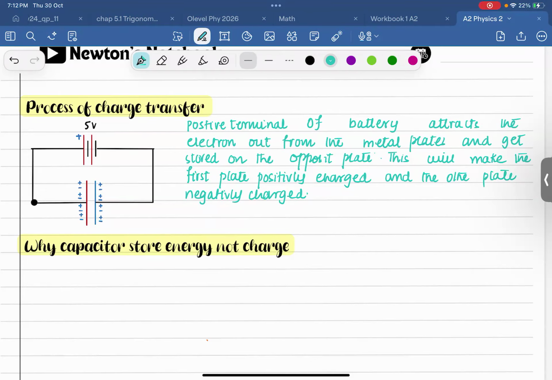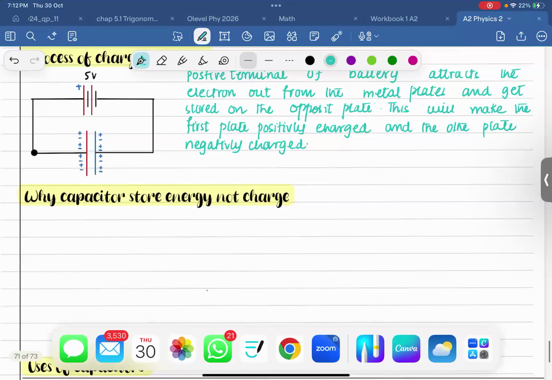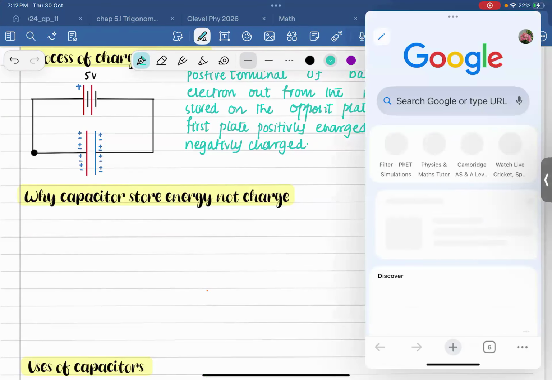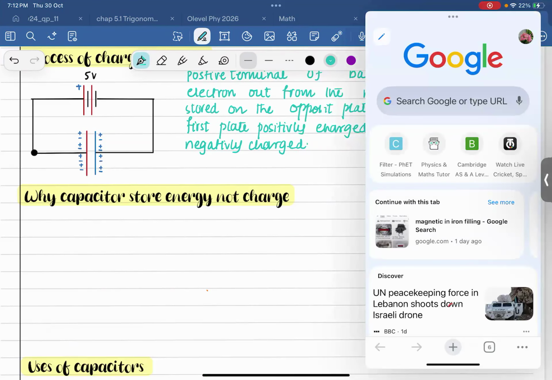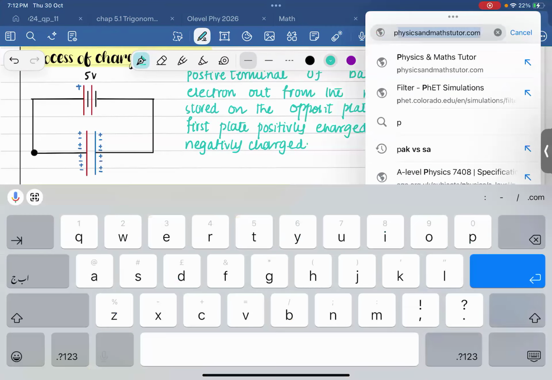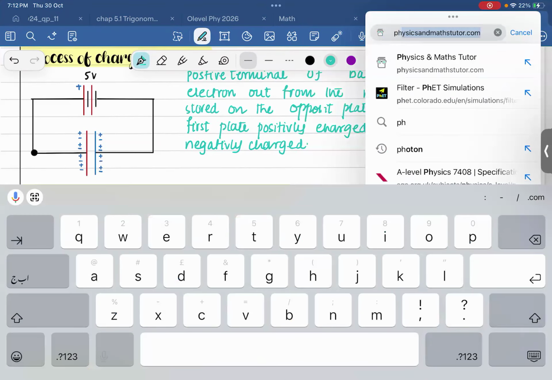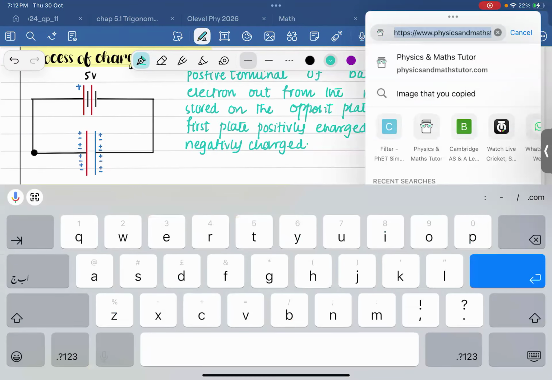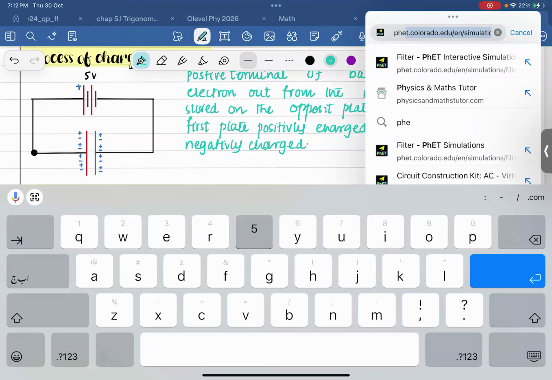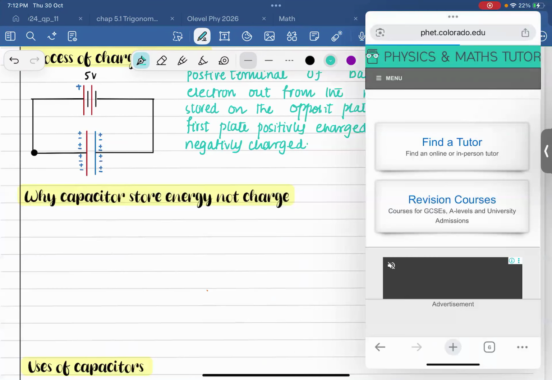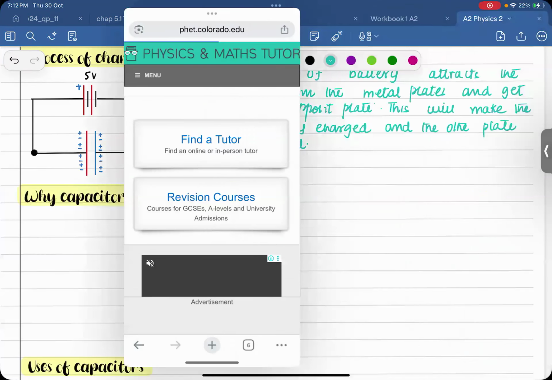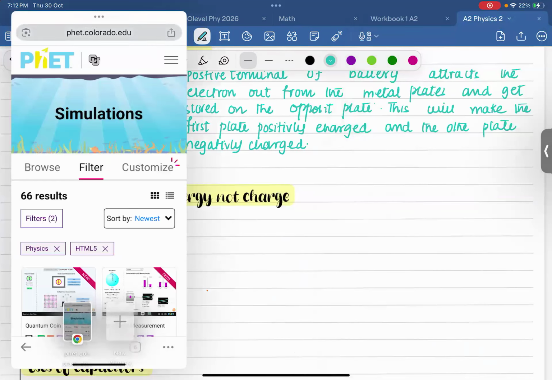Now, let me just show you one thing where you'll have a fair idea of how all the things are done. The PHET simulation. I want it on the big screen. How can I make it?